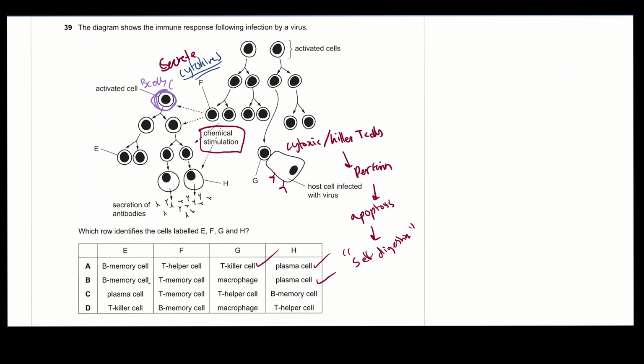So we know that F is going to be T helper cell, and E must be a B memory cell, because B cells divide into both memory cells and plasma cells. So the answer is going to be A.